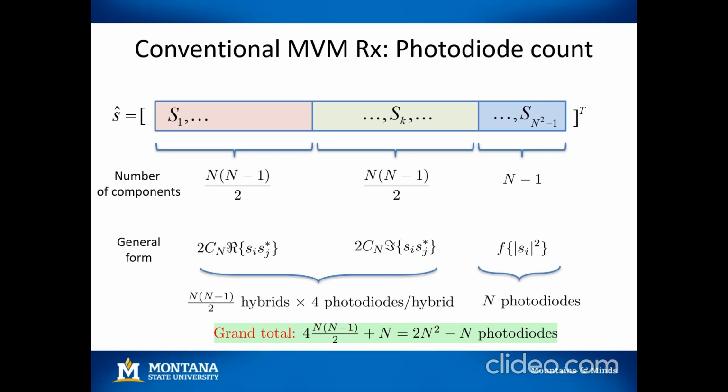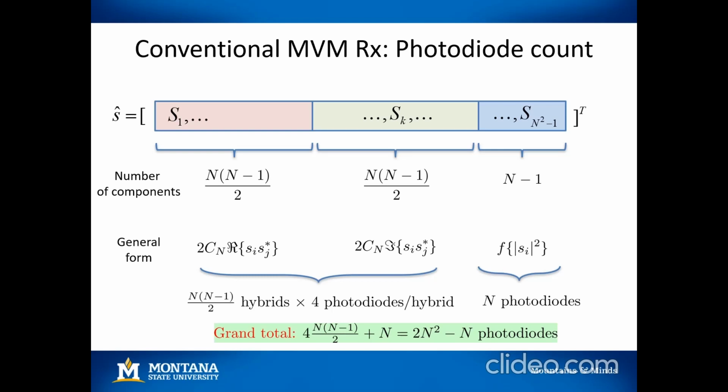We have seen that you can measure the real and the imaginary part of a cross correlation term by using a hybrid. So since we have n times n minus 1 over 2 such terms, we can use an equal amount of hybrids with 4 photodiodes per hybrid and add n photodiodes for the measurement of the square moduli, for a grand total of 2n squared minus n photodiodes.